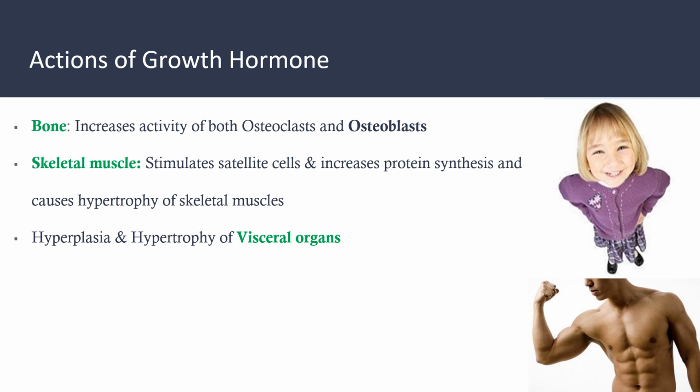So these organs grow in size due to the protein synthesis increases, and there will be increase in the RNA and DNA synthesis. So there will be increase in the cell size and number. So the general visceral functions like digestion or cardiac output and the GFR, they all improve.